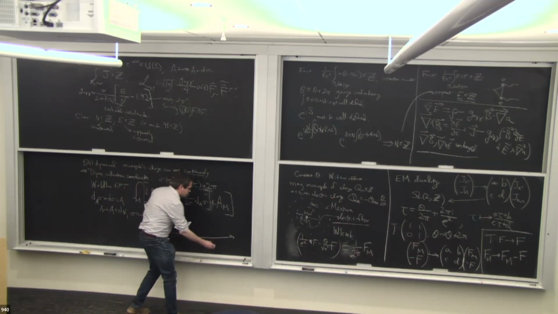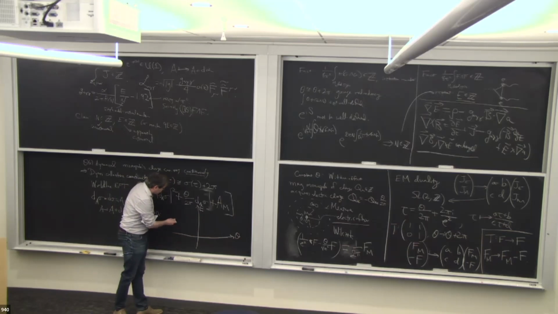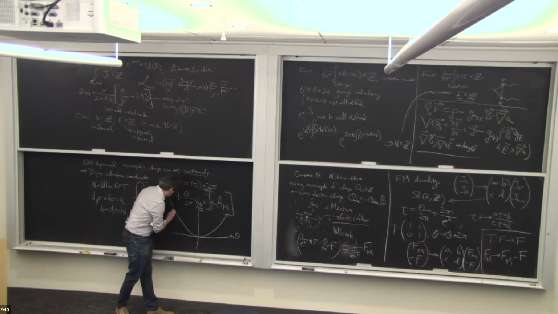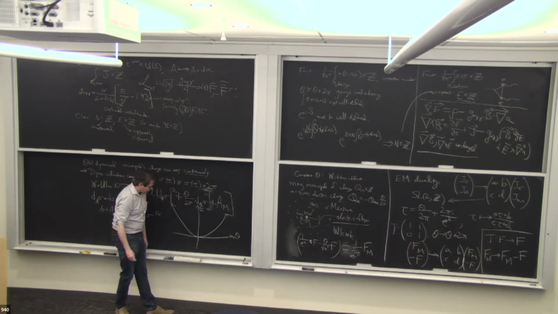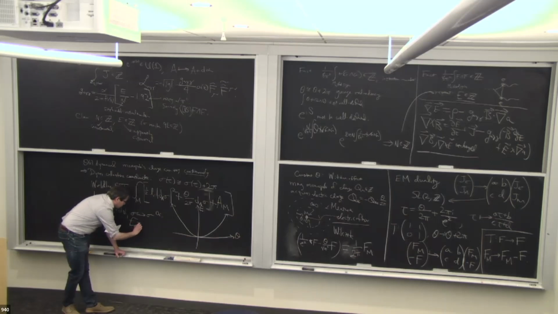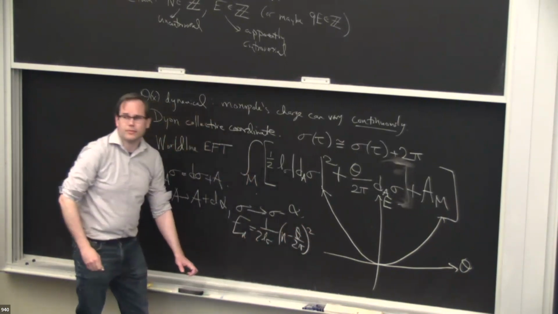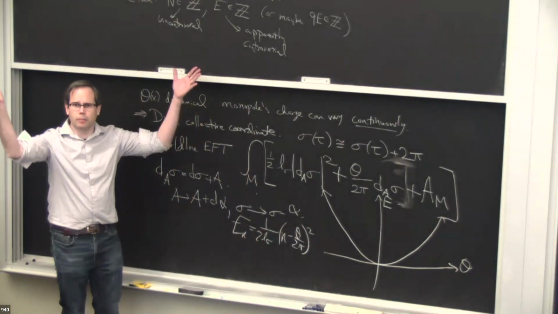I can look at the energy of the modes as a function of theta. And I have some quadratic function. I have an energy of my nth mode. It's proportional to (n minus theta over 2π) squared. So I have an n equals 0 mode that's just a parabola.